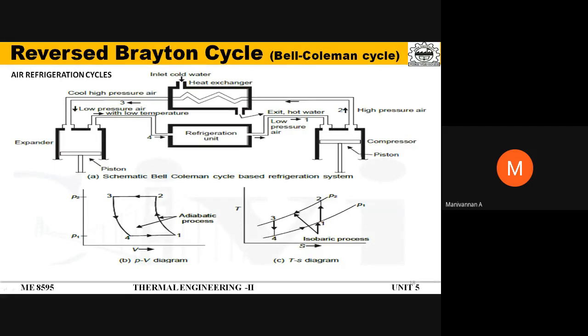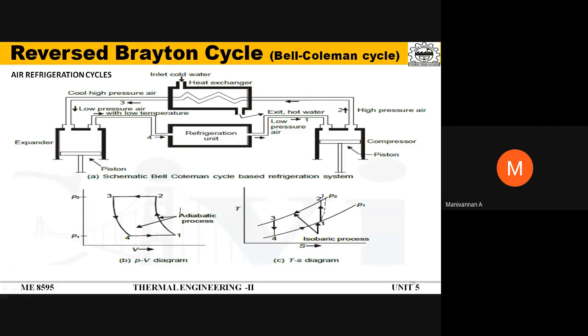So the process 1 to 2 is what we assumed as isentropic compression or reversible adiabatic compression, which you cannot execute in real time. So the compression process is a polytropic compression. So 1 to 2 is not possible; we will be executing a process 1 to 2 dash.